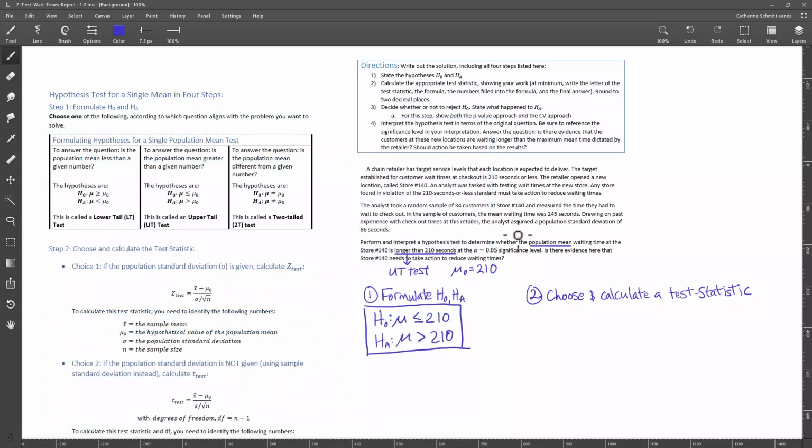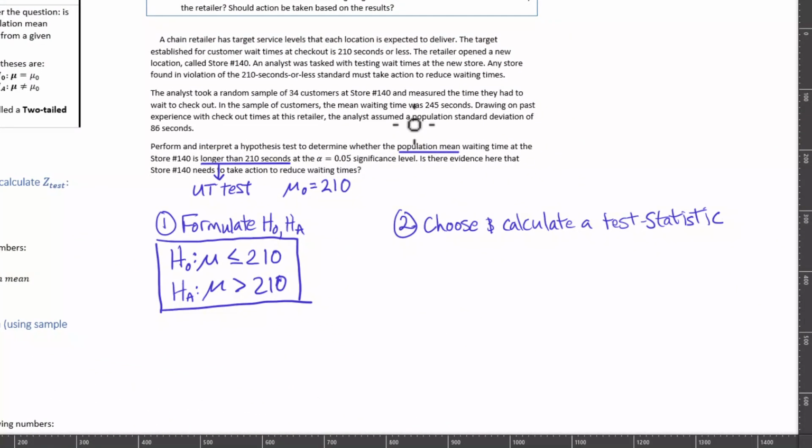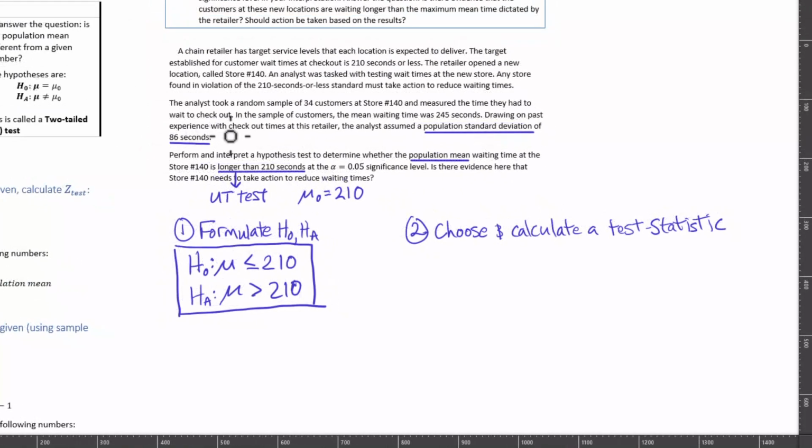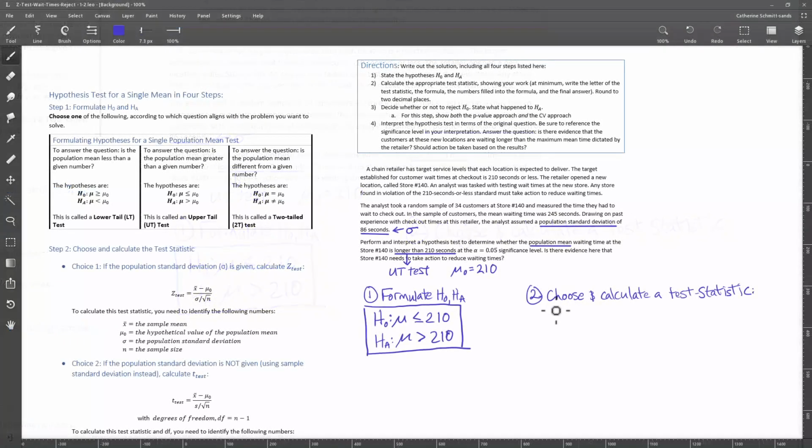Looking at this problem, where is the standard deviation information? Aha, the last sentence of the second paragraph says the analyst assumed a population standard deviation of 86 seconds. So that 86 seconds is a value of sigma. What does that mean in terms of our choices?